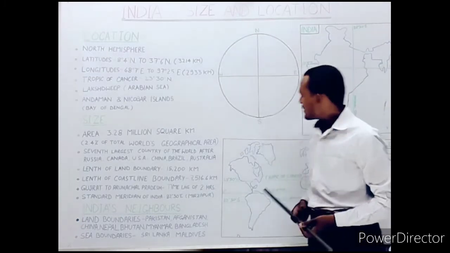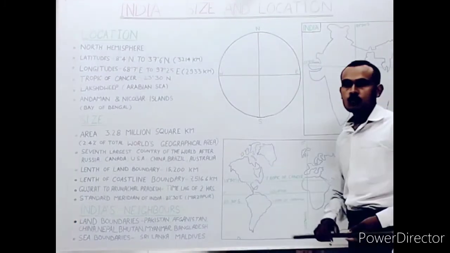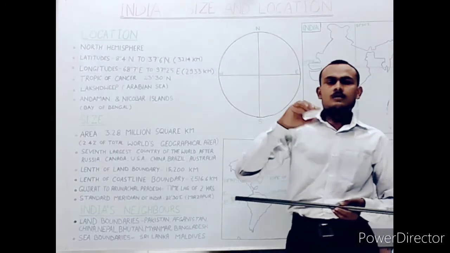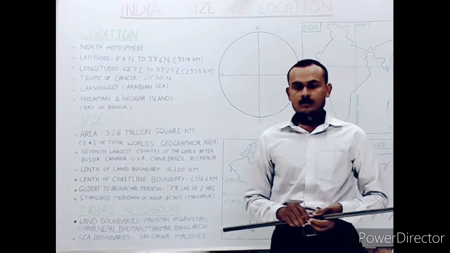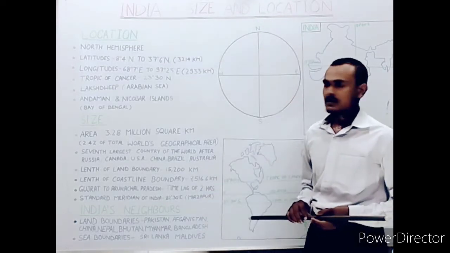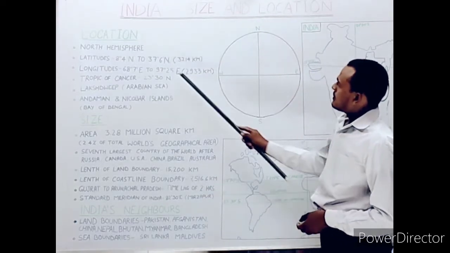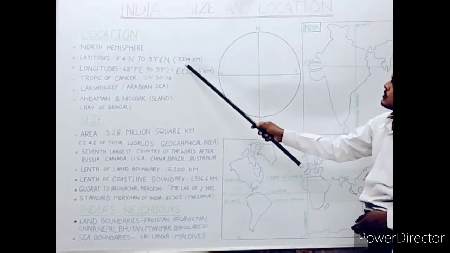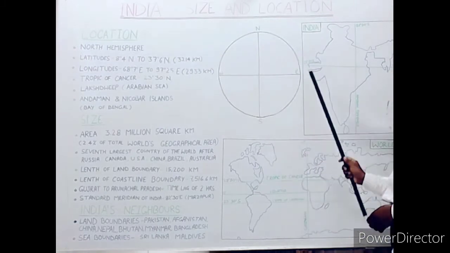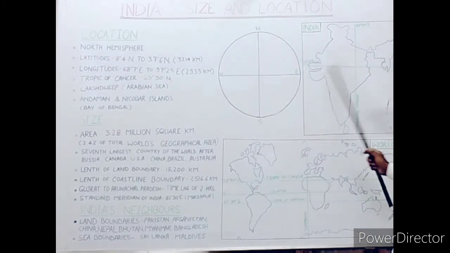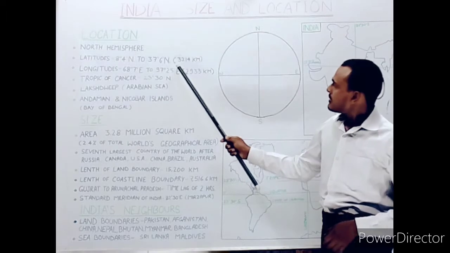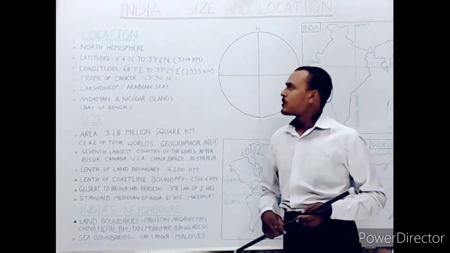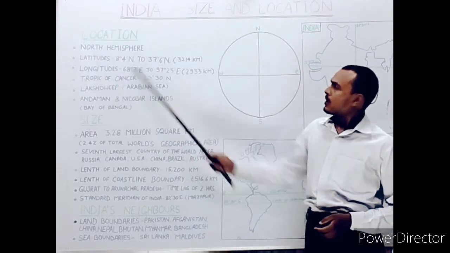The total number of latitudes is 90 plus 90, which is 180. The total width of this country is 3214 kilometers, from here to there.